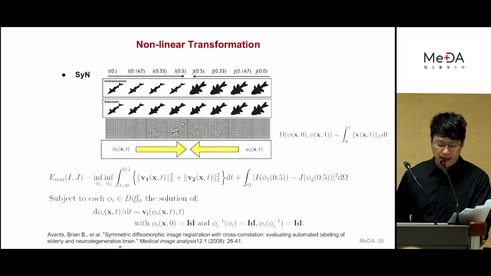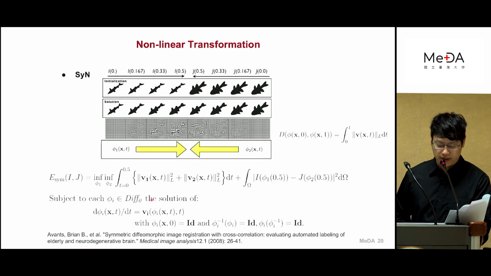Now let's see the energy function, also known as the objective function. The function includes two terms. Let's see the second term first. When the transformed image I and J are identical at time point 0.5, the minimum is achieved.